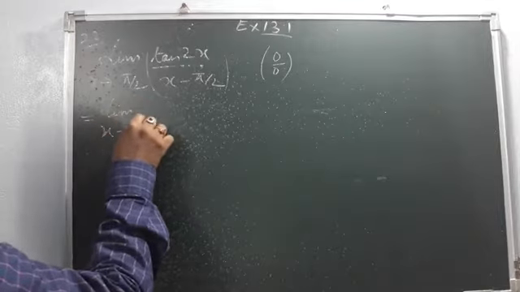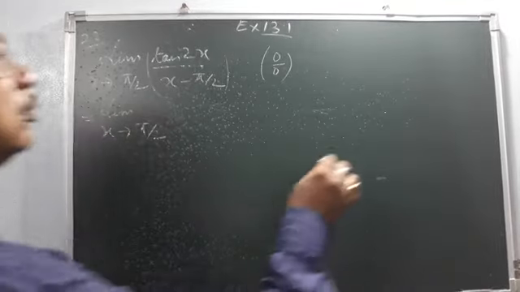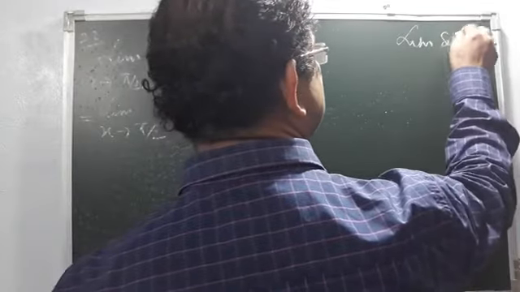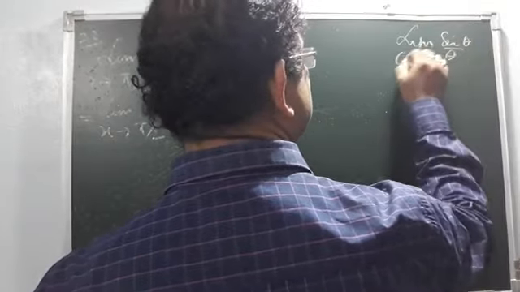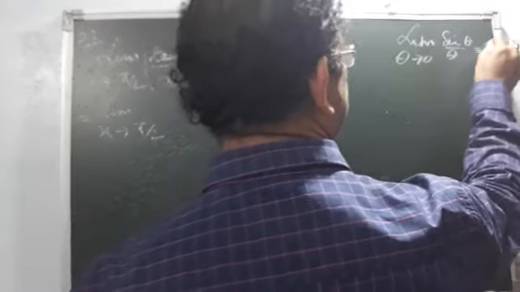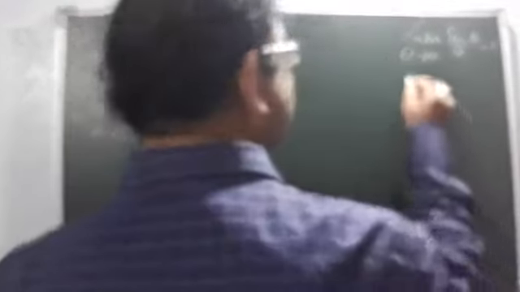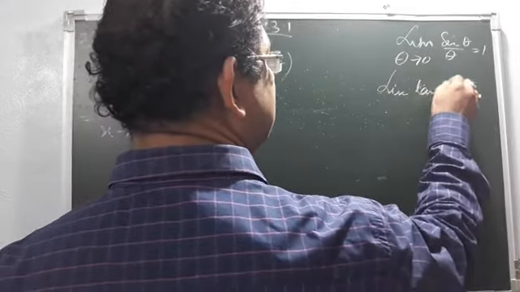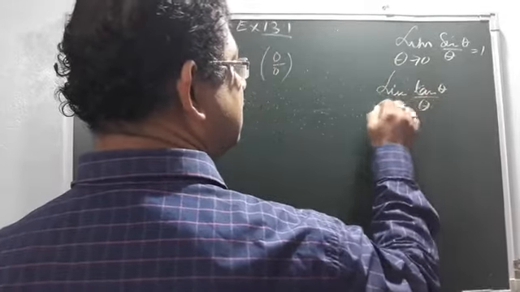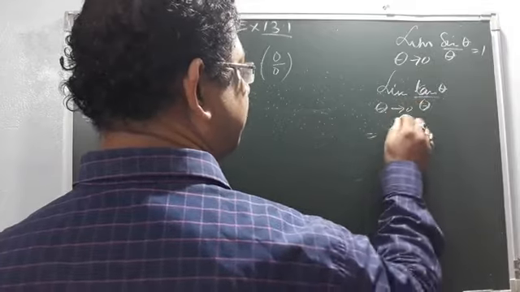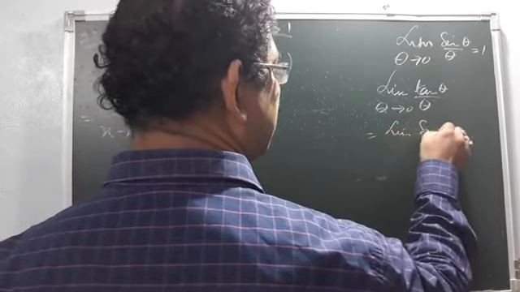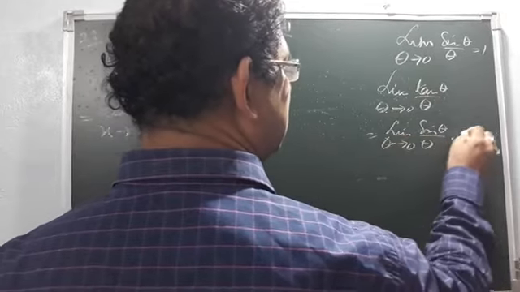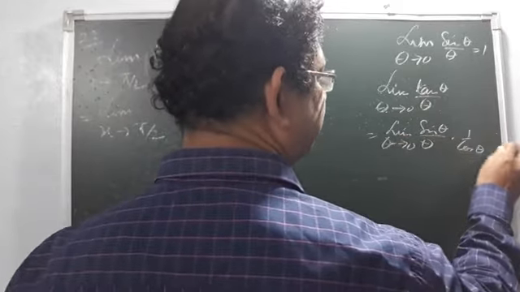We know that limit sin theta by theta when theta tends to 0 is 1. Now students, if I write limit tan theta by theta when theta tends to 0, it will be limit sin theta by theta into 1 by cos theta.